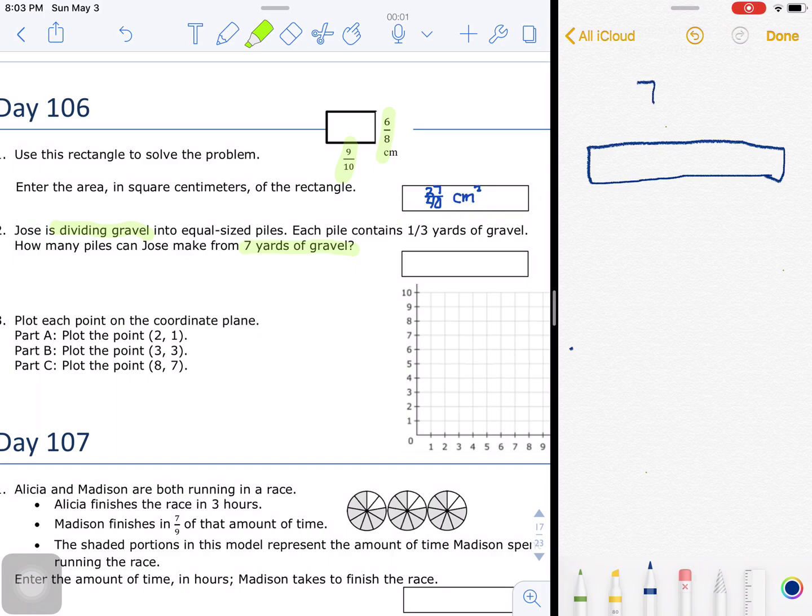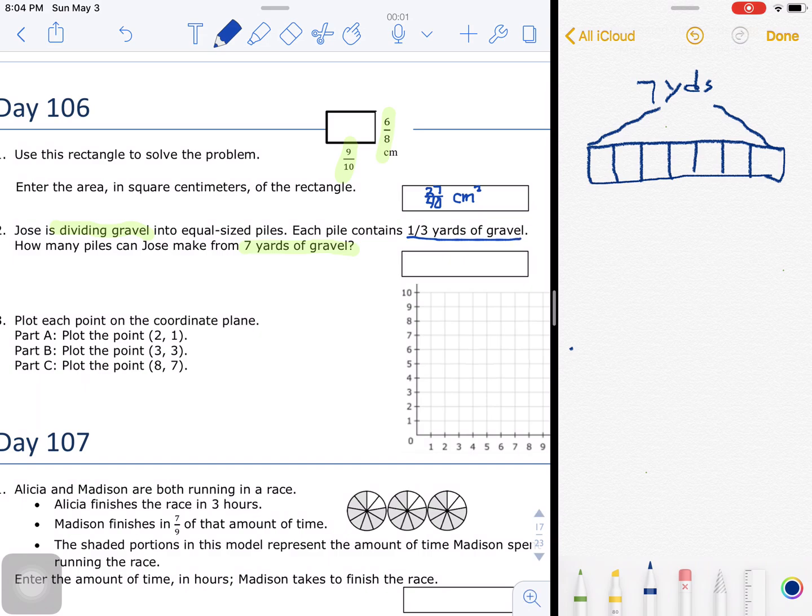And this whole tape diagram represents all of the gravel, 7 yards of gravel. Now what I'm going to do is break this whole into 7 pieces. For 7 yards, each piece would be 1 yard.